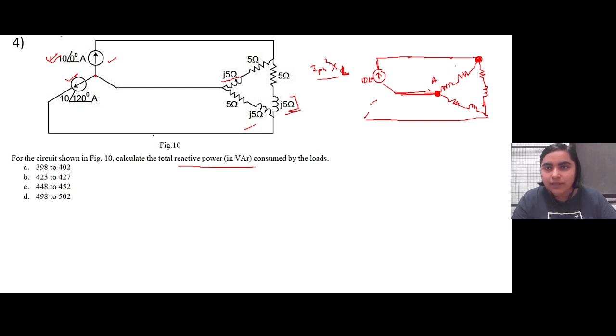Let's say across AB this 5 ohm resistance and 5 ohm reactance is connected, and then two sets of 5 ohm resistance and reactance, let's say Z1, Z2, which are equal, are connected in parallel to this particular branch AB, and Z1 and Z2 are in series with each other, right? So we can calculate the current in this branch by using the current divider rule.